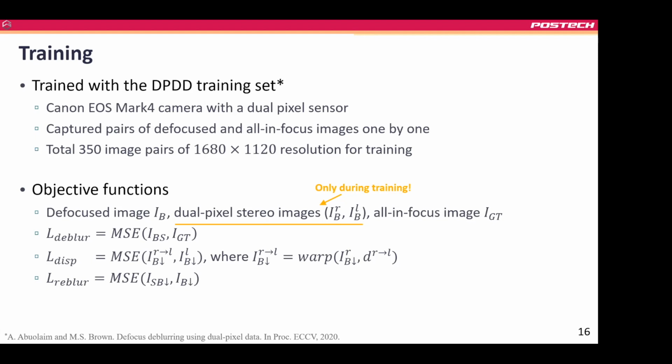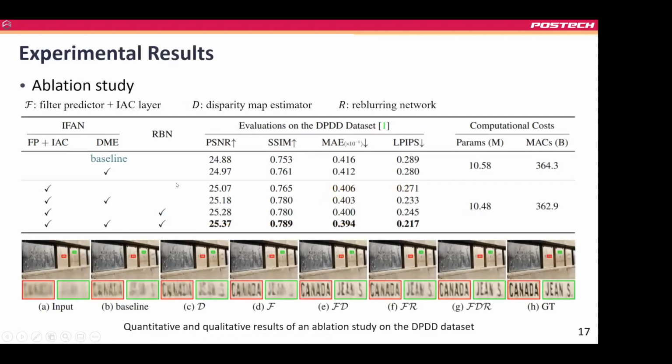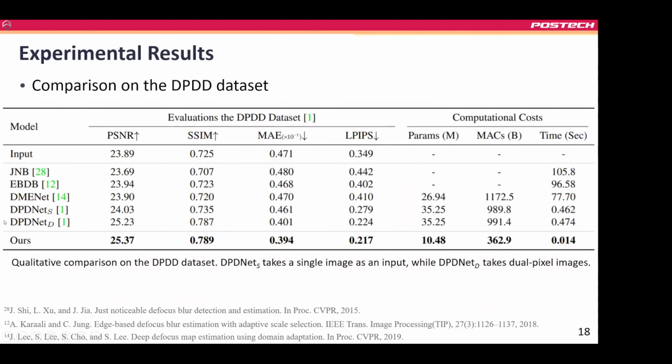Although you use dual pixel pairs, your method at testing time only takes one image. Yes. You mentioned that some other methods take two images as input. Yeah, this one was done by the authors who proposed this data set.